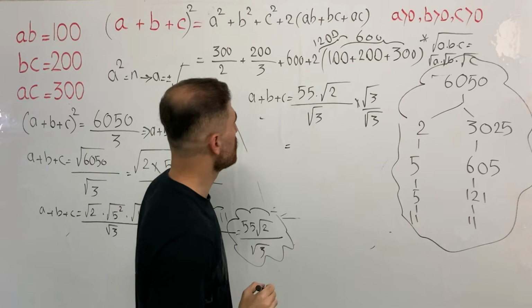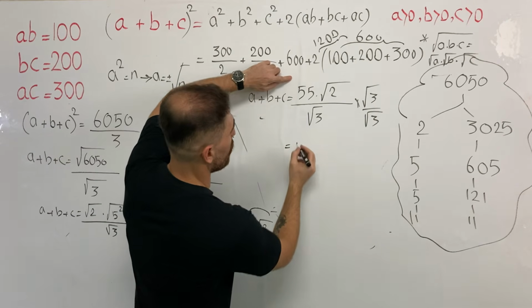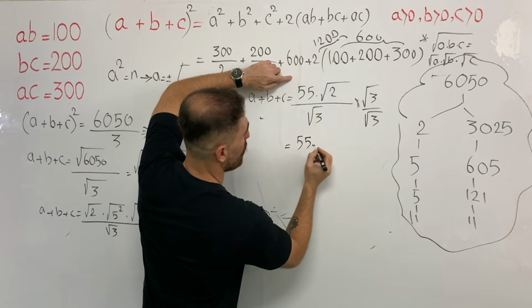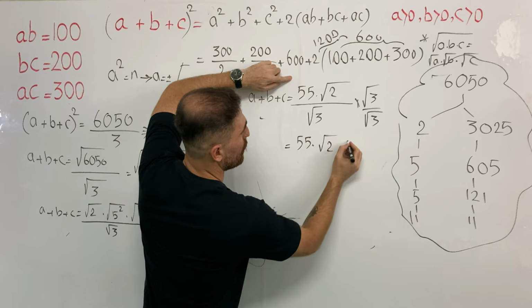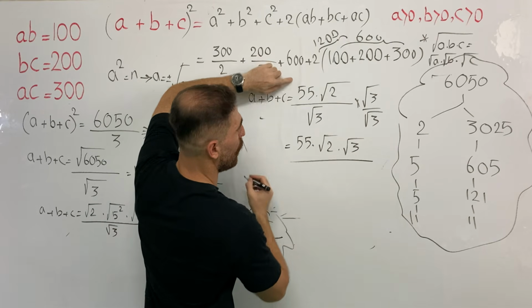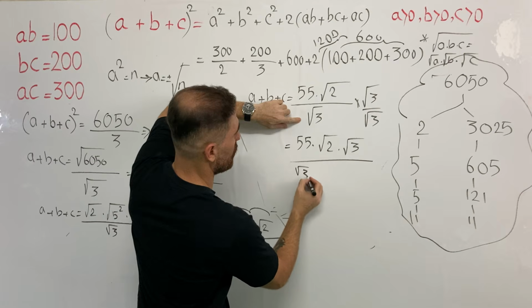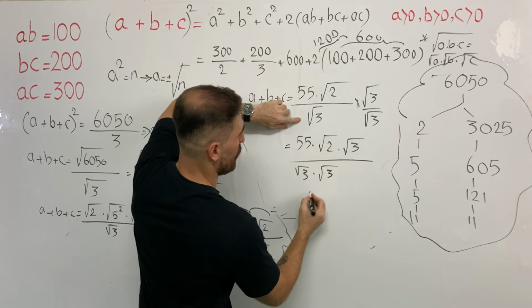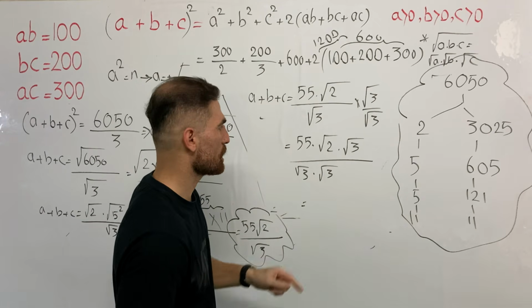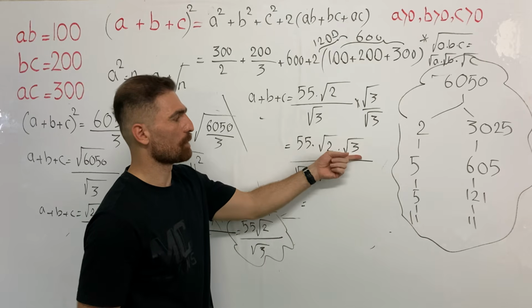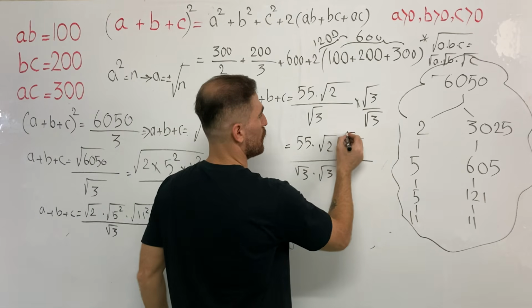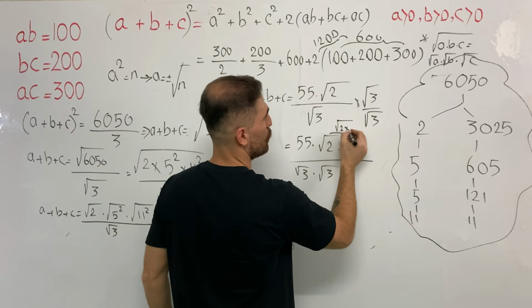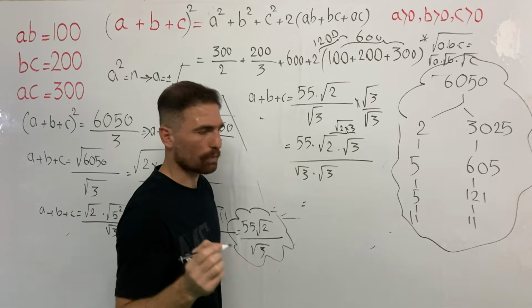So a plus b plus c is going to be 55 times second root of 2 times second root of 3 over second root of 3 times second root of 3. What is the final answer? Second root of 2 times second root of 3 can be written in the form of second root of 2 times 3 or second root of 6.